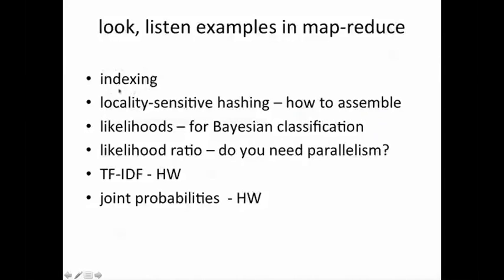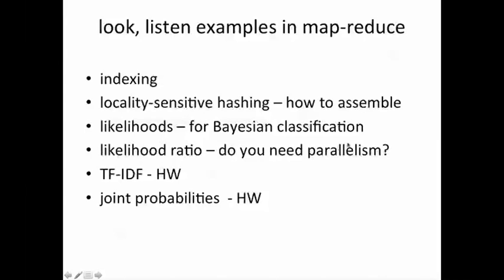Indexing, locality-sensitive hashing, in particular, how to assemble the results from many different hash functions, how to compute the likelihoods while coming up with a Bayesian classifier, and how to evaluate a Bayesian classifier to compute the likelihood ratio.